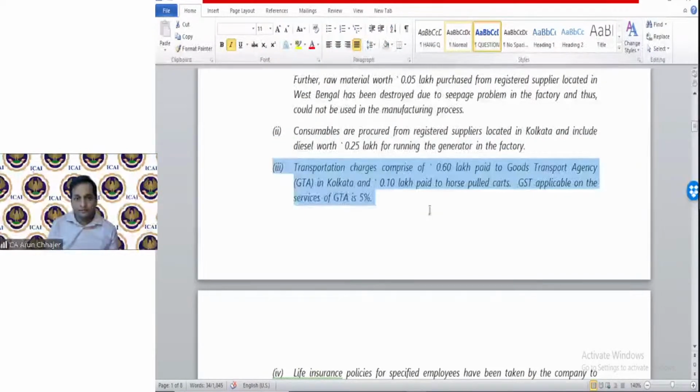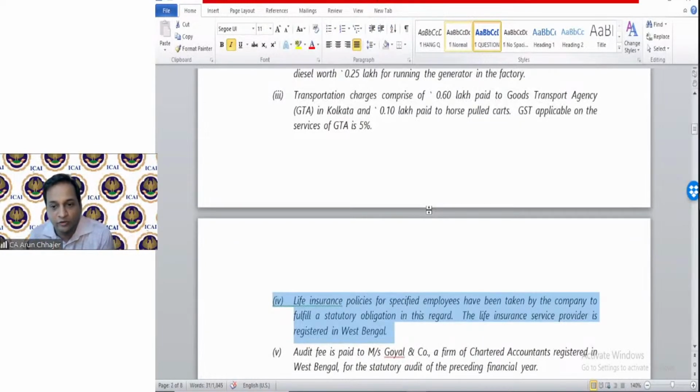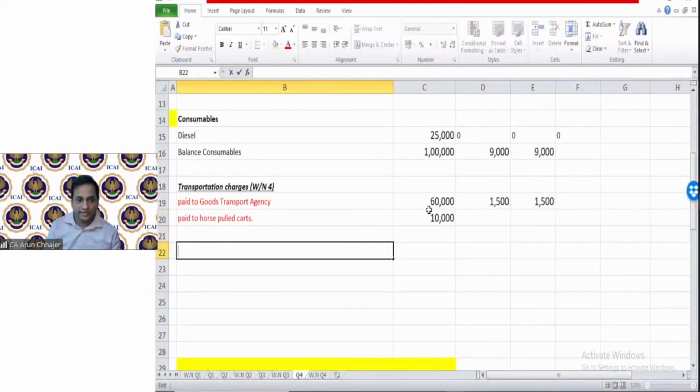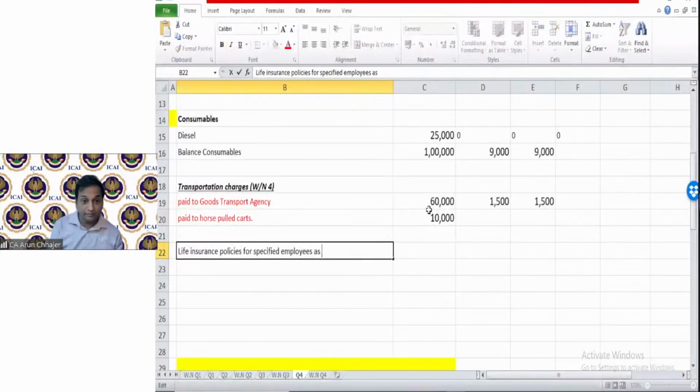Okay. Now, the life insurance policy for the specified employee has been taken by the company to fulfill a statutory obligation. In this regard, the service provider is also registered in West Bengal. Is ITC available or not available?